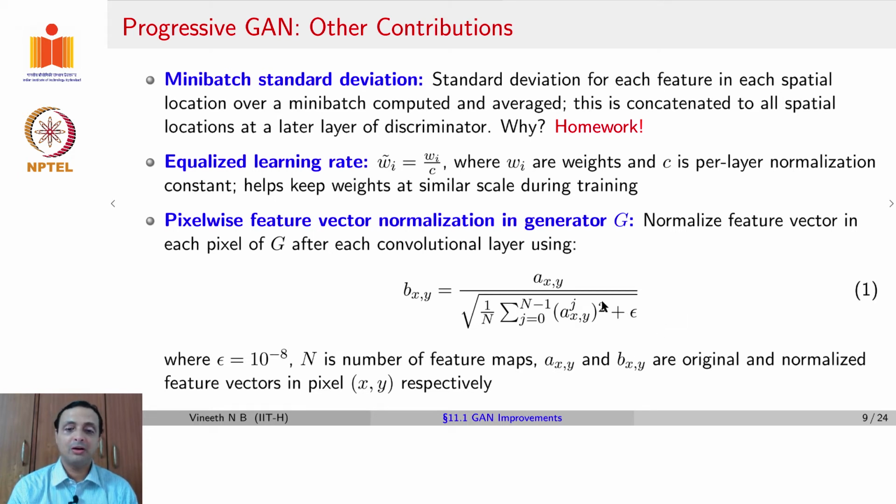The denominator here considers the pixel value at the same location across all of the feature maps and normalizes the value at the ath feature map with this denominator. The epsilon here is for numerical stability to avoid a divide by 0 error, and the output is denoted as b_xy, which is the normalized value.